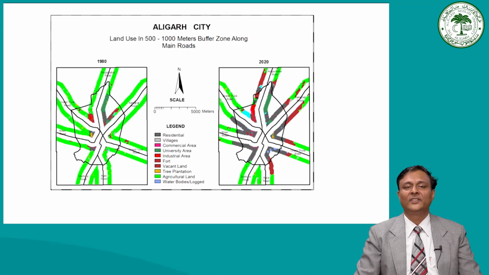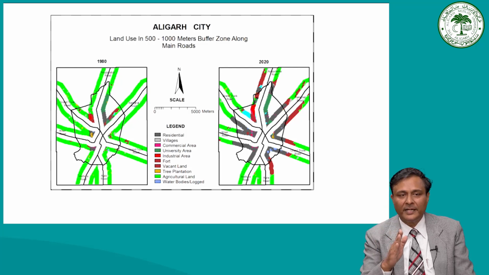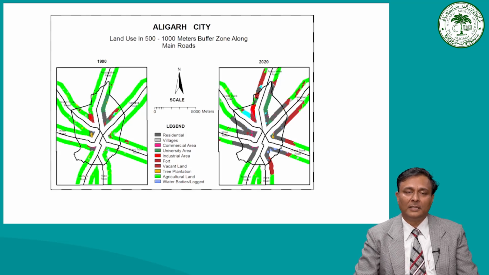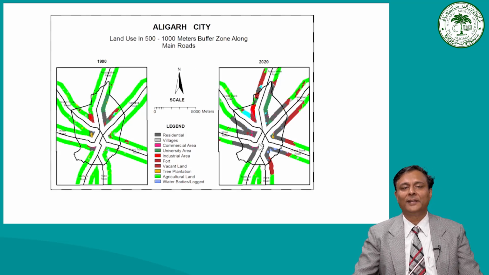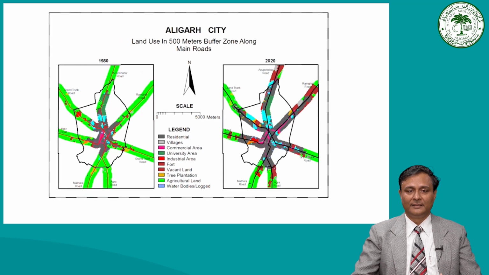Here you see, this is excluding the first 500 meters. It is from 500 to 1000 meter buffer along both sides of the road. So if you see here, the color gives you a good idea of how the existing land use is different. You see here and you see here.